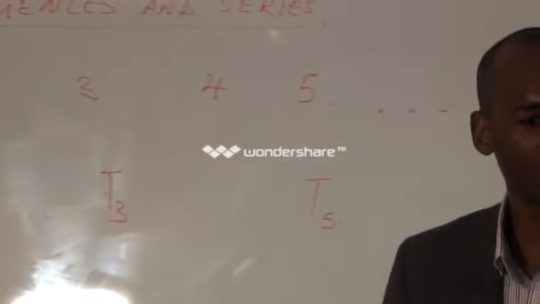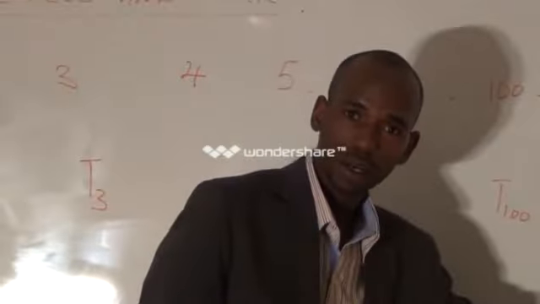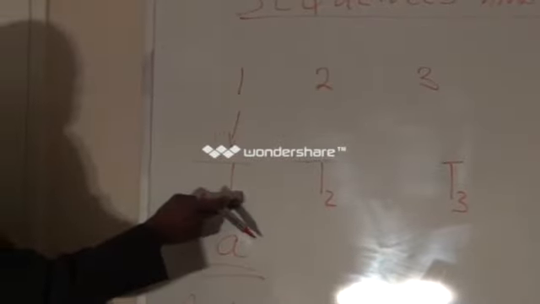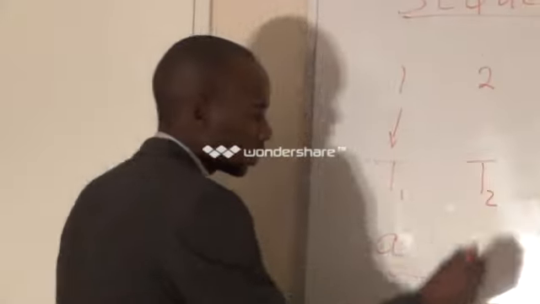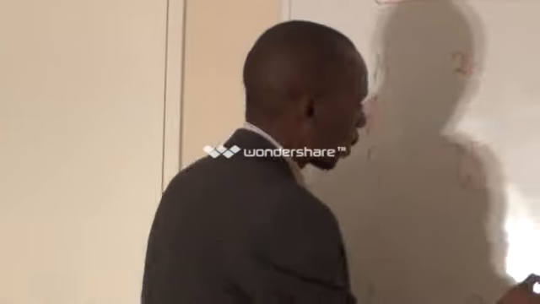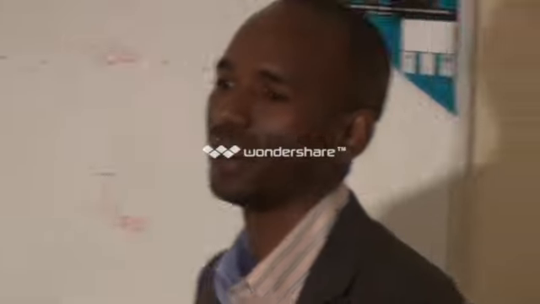How can we do that? If we look at T1, our subscript n, which is the general one, in this case will be 1. Our subscript in this case will be 2, so n is equal to 2. This is our third term, T3, our subscript is 3, so our n is equal to 3. Of course, when we come to the nth term, our n is equal to n.